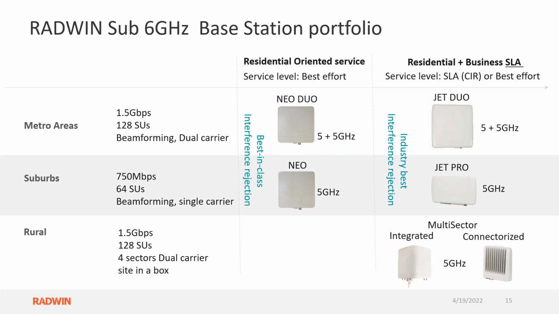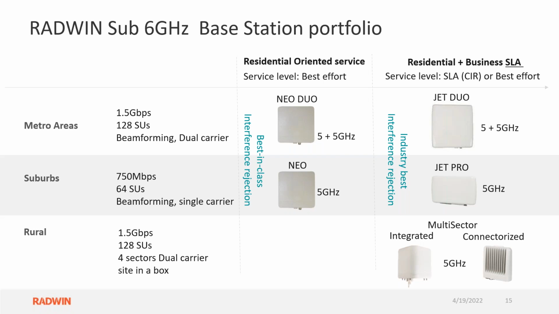We have the ability on the Duo to say, for example, if we're doing 5.4 and 5.8, if we have subscribers that are in 5.4, and let's say 5.4 has a problem with radar, because 5.4 is a dynamic frequency control band, so you have the possibility of being interfered with by radar.